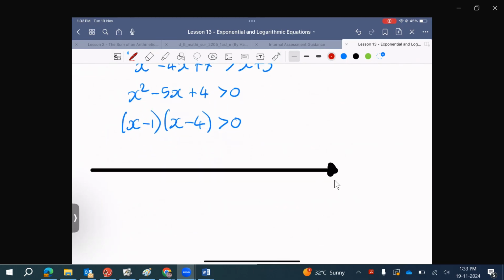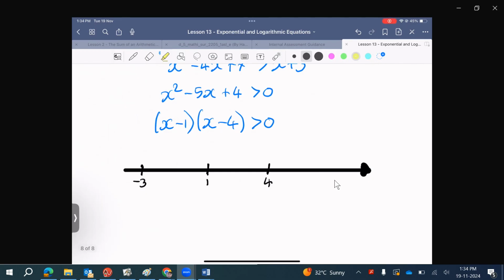So we want to go from negative 3 and then up to positive 1 and then up to 4 and see what happens. This term is going to be positive when we're bigger than 1. Otherwise, it's going to be negative.